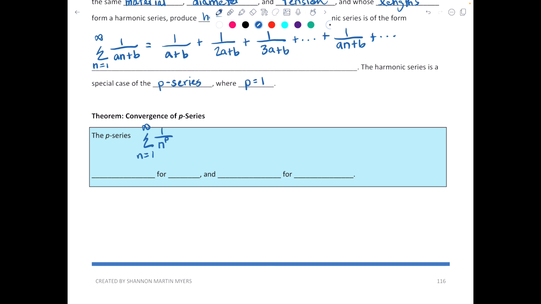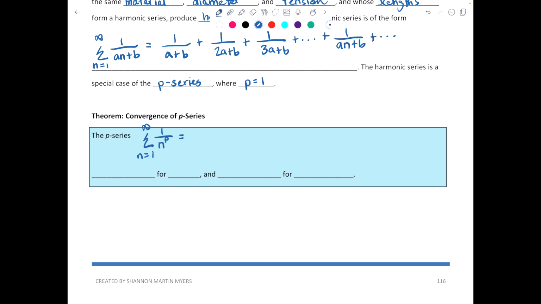In this one, the n will change, but the p stays constant. In the geometric series, which we worked with before, the base was constant and the power changed. Now the base changes, but the power stays constant.